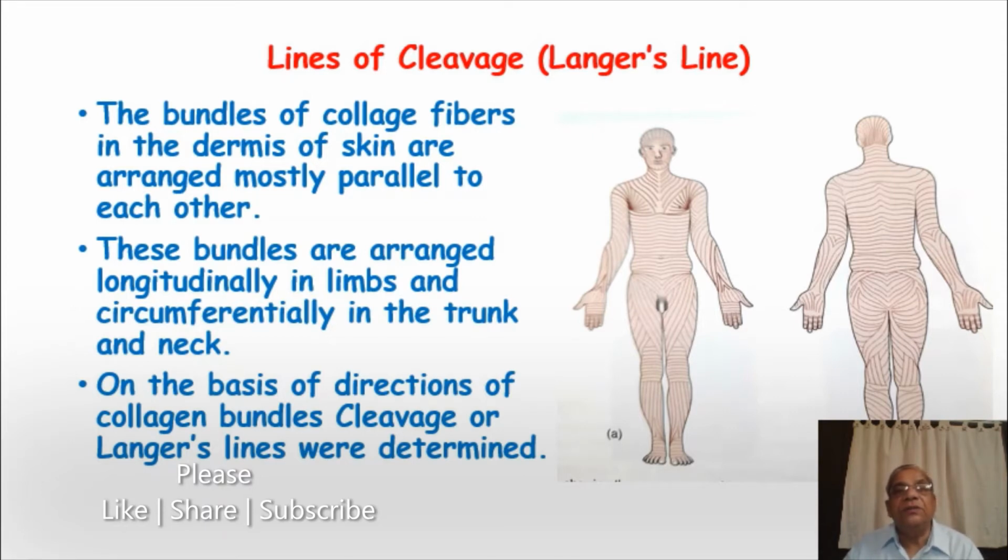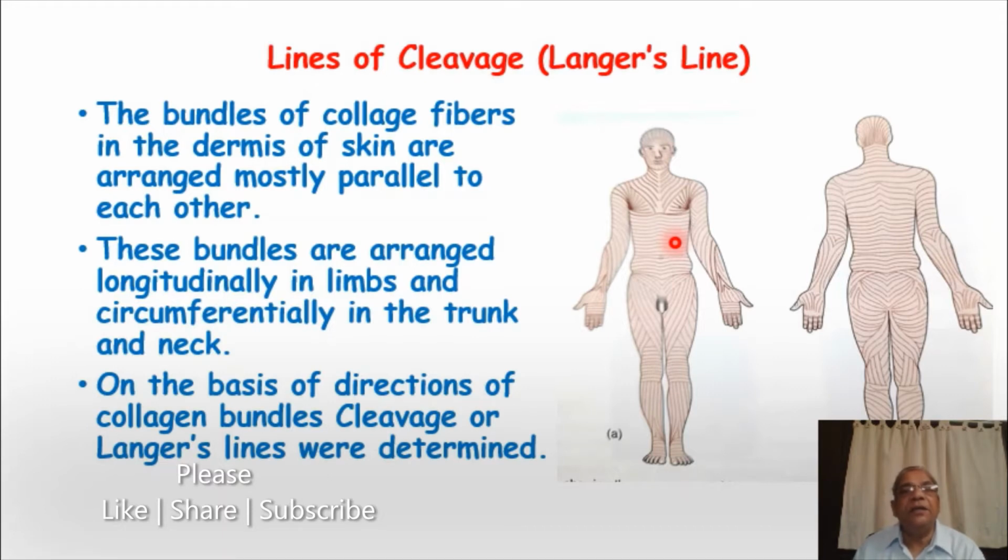Now, these bundles of collagen fibers in our dermis are arranged parallel to each other. See here, these lines indicate that these fibers mostly run parallel to each other, though there are some haphazard collagen bundle fibers which are also running in the dermis, but most of the fibers within the dermis are considered to run parallel to each other.